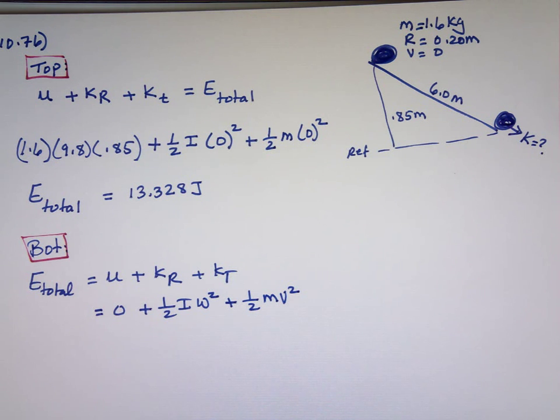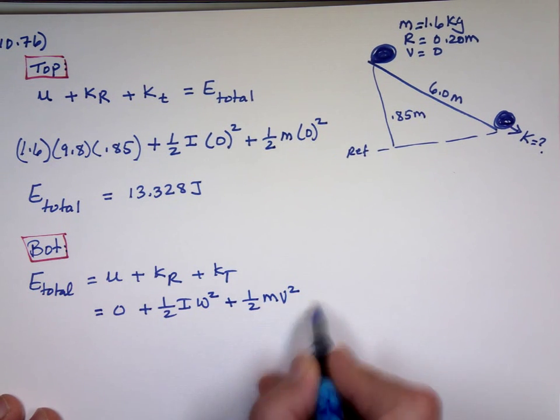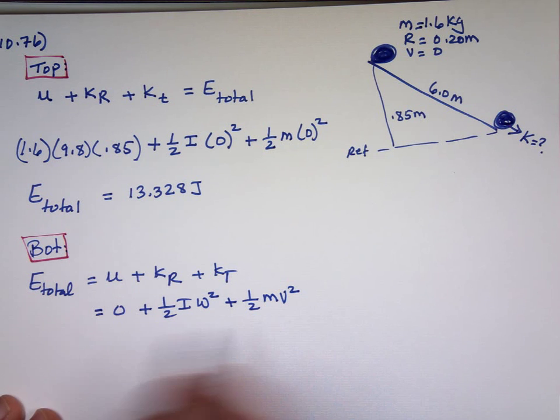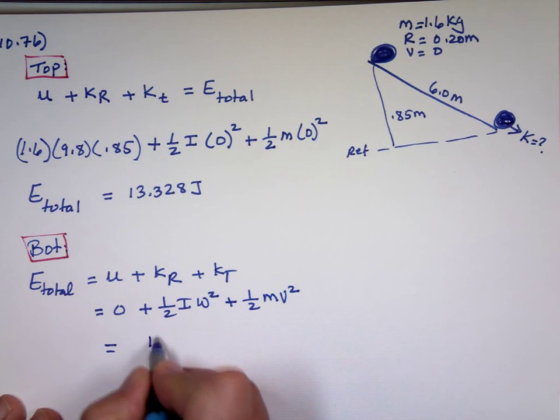The question, what is the kinetic energy at the bottom? Well, that's easy to answer, right? If they're looking for the kinetic energy at the bottom, they're looking for these two numbers. So the total is going to be, I don't have to know what the value is. It's Kr plus Kt.